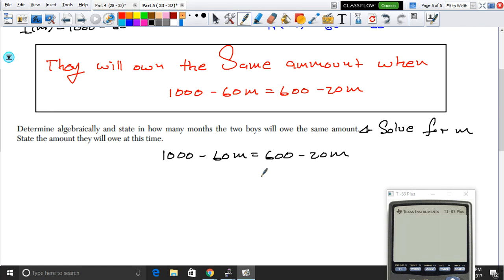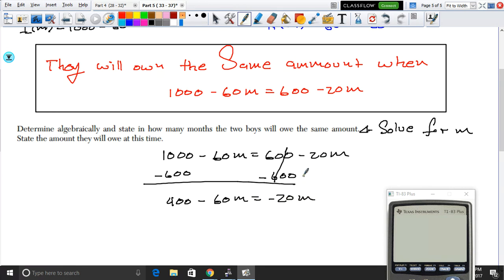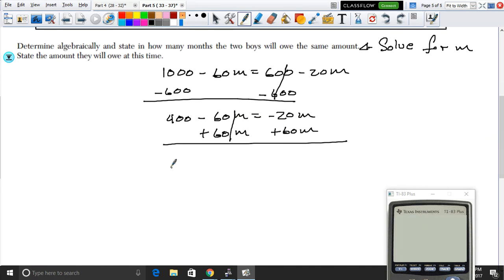I see that the easiest way to go about it is to subtract 600 here. Take it out, so that's 400 here, minus 60m equals minus 20m. All right, perfect. Let's keep solving for m. What can we do? Well, let's add 60m here. That cancels out, so now we have 400 equals minus 20m plus 60m, so that is 40m.